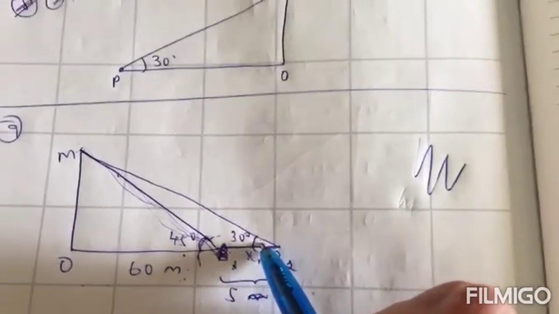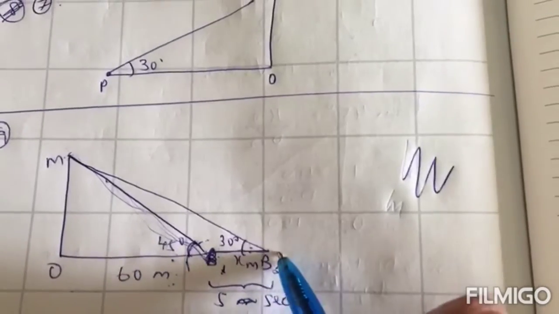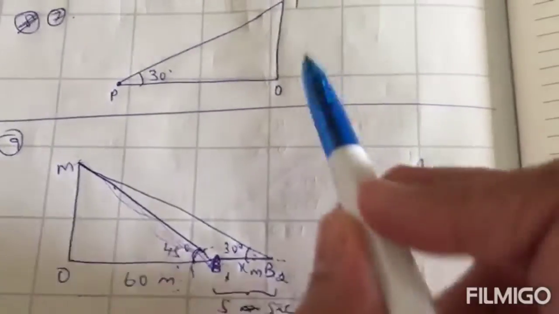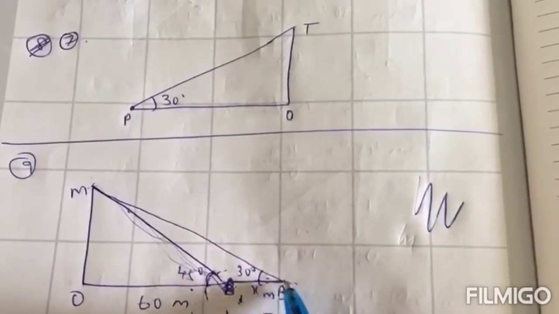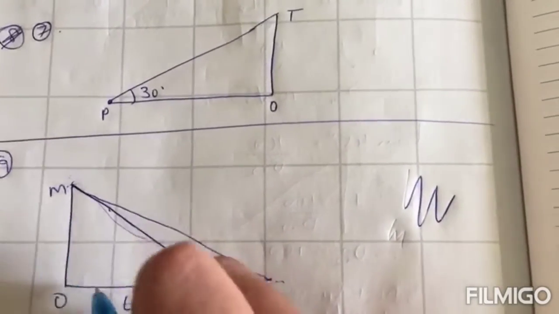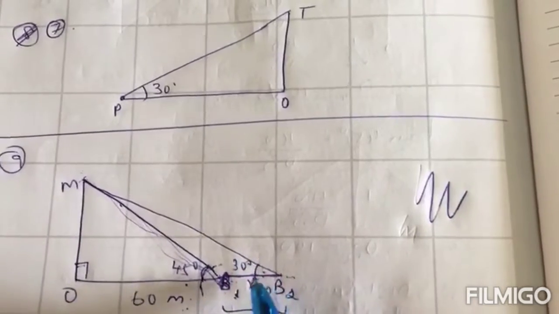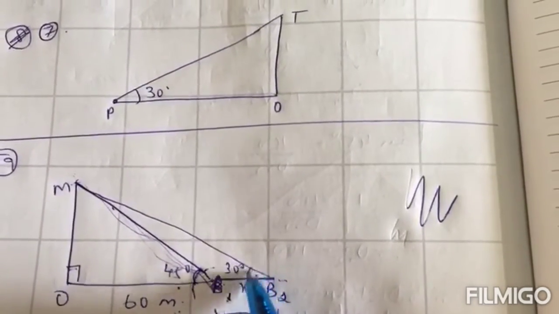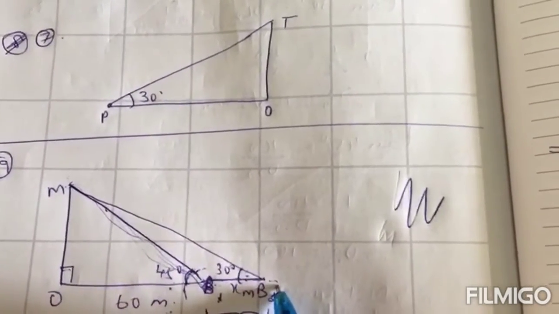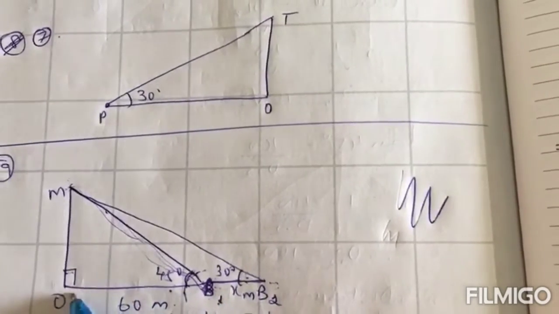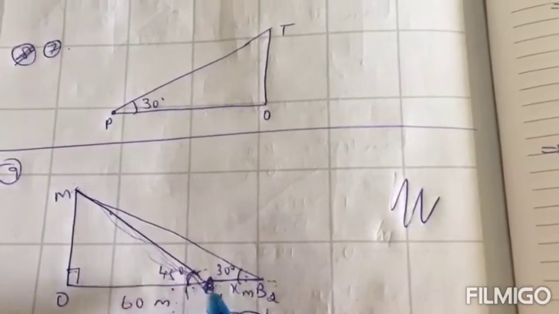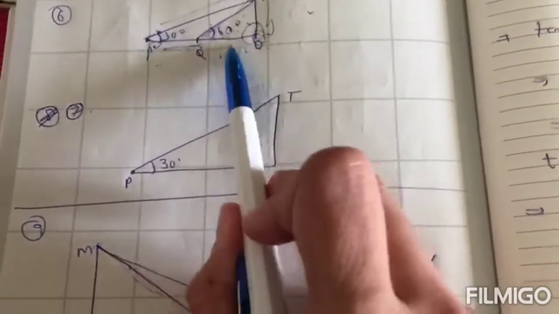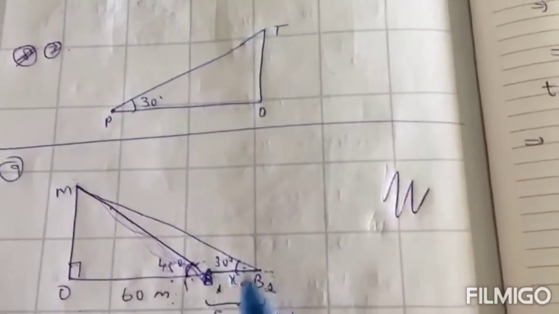This is a clear indication that the boat is definitely moving away from the tower, because as we learned in the previous examples, the further the point is away from the vertex of the triangle, the smaller is the angle of depression or angle of elevation. The closer the point is to the vertex of the triangle, the larger is the angle of elevation or angle of depression. We have seen this in question number 6 also. This is the same thing, okay?